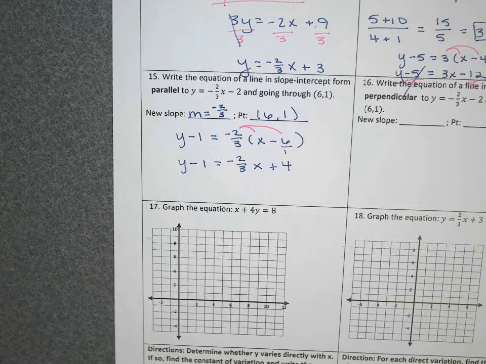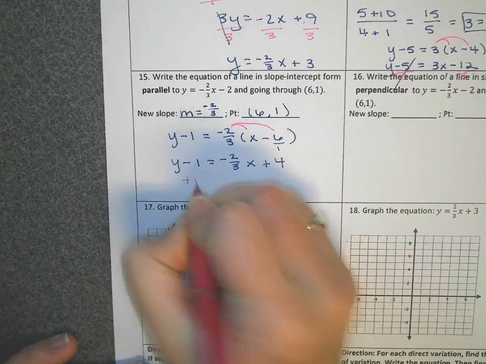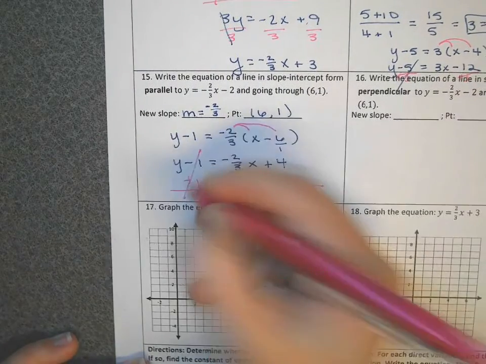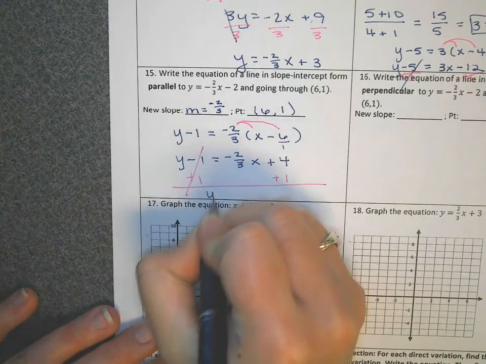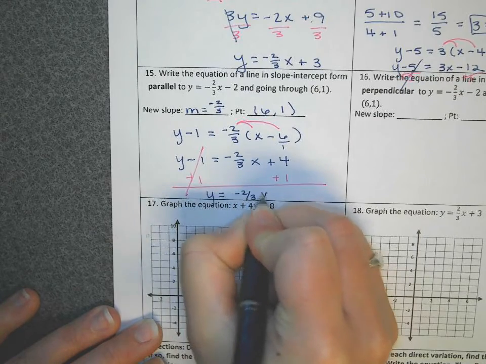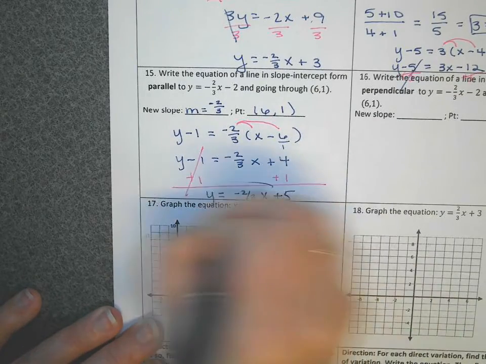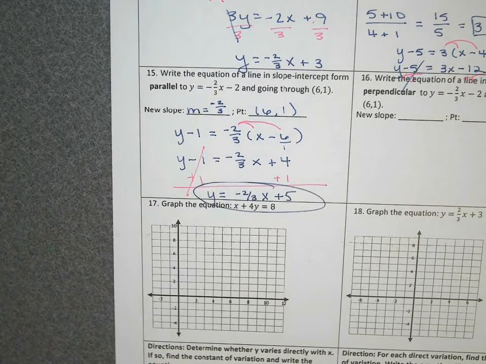Is that in y equals mx plus b form yet? What do I got to do? Add 1 on both sides. Y equals negative 2/3 x plus 5. Now I'm done.